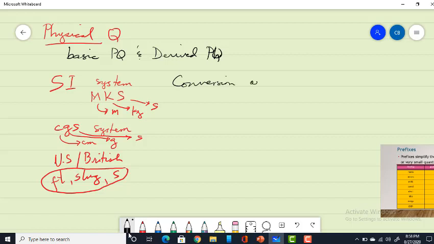Let's do the conversion. What if you are given this problem? Speed: you're given 5 meter per second and you want to convert this. What is the equivalent in kilometer per hour?